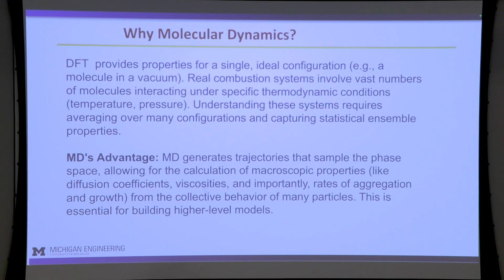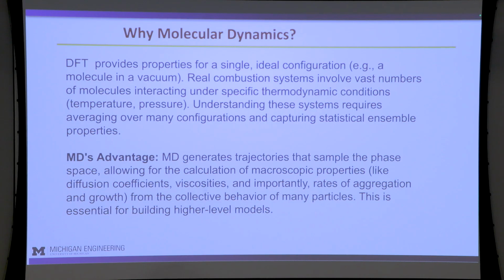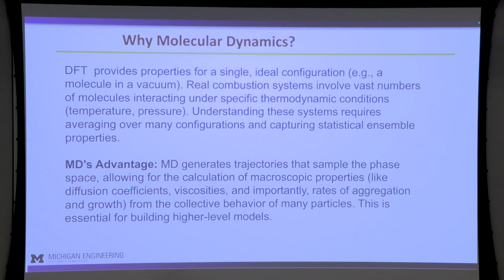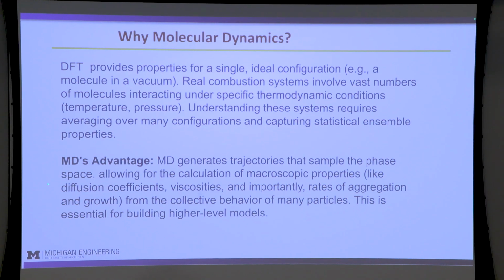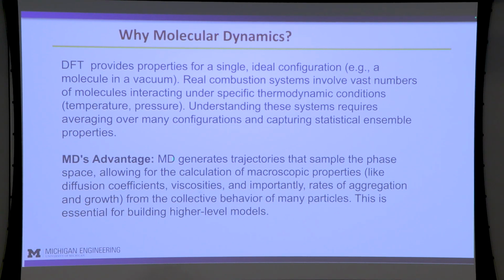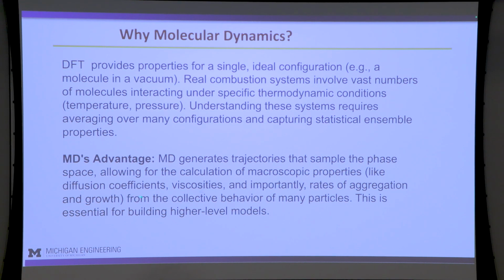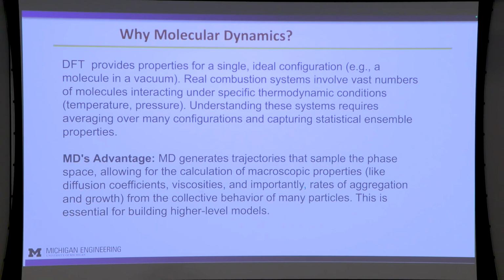Sometimes people sample the nanoparticles or some soot particles, and they have an idea of viscosity or any other property. If you want those macroscopic properties, then MD is a way to generate that. So what it does, it gives you properties of the collective behavior of many particles. So that's the main difference, not just one, many.